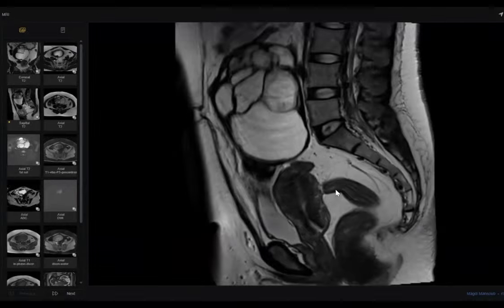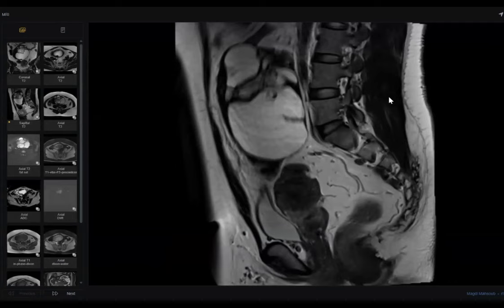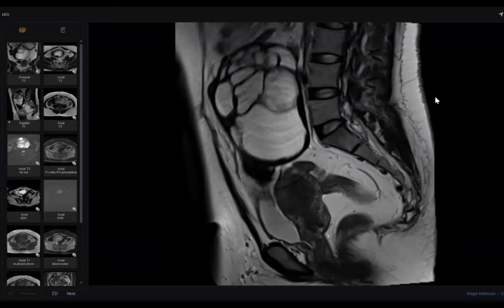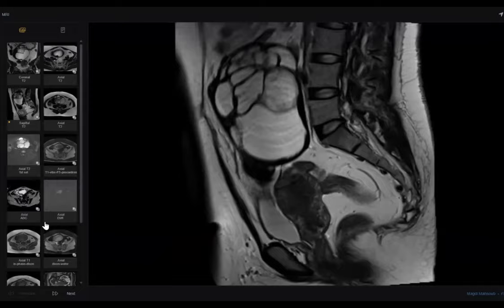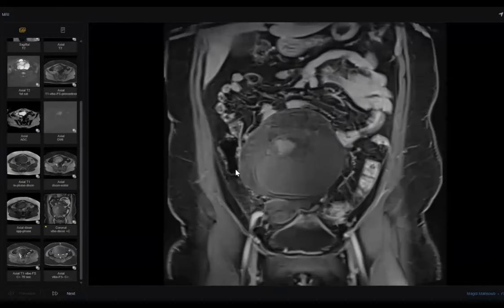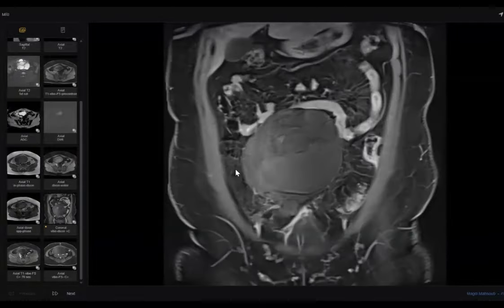Number two, look here, just inferior to this uterus, you will see the pedicle twisting up on itself. Follow down. Is it clear? Number three, in the contrast, what happened? Completely non-enhanced.